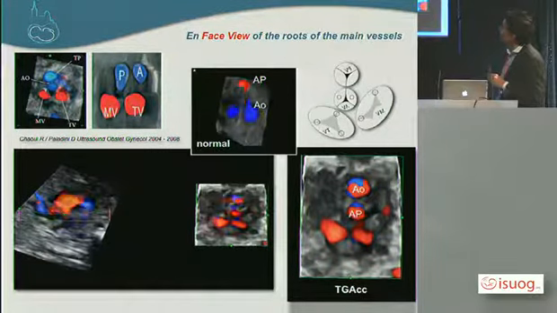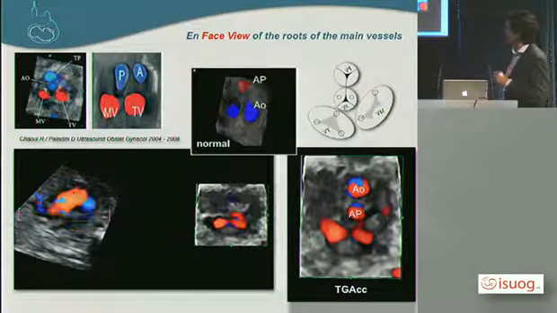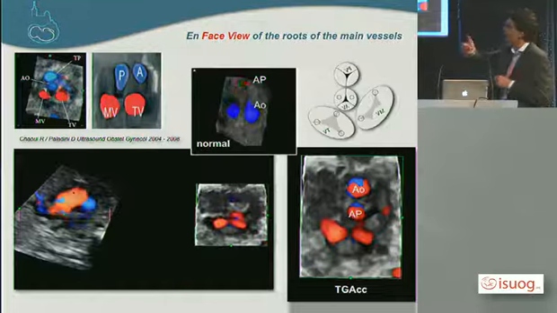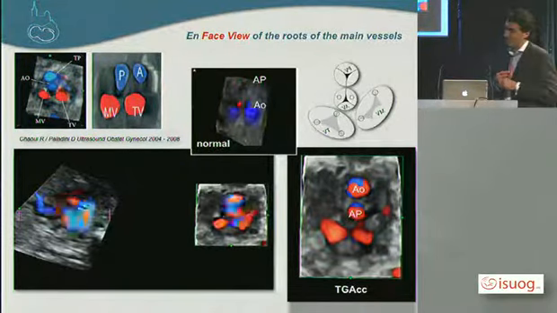For example, here it is a normal one, and here it is a corrected congenitally transposition of the great arteries, and we have a complete switch of the main vessels. Here, in the normal way, it is the aorta, and on this side it is the pulmonary artery and the aorta.